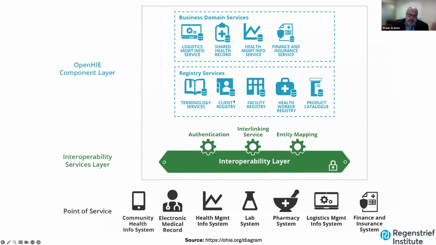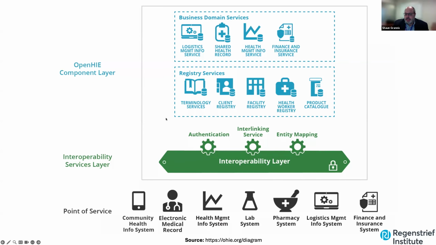And you can see we've divided our components up into registry type services and business domain services, which includes logistics, finance, etc. So this is just, again, the 2-minute reminder of the OpenHIE architecture.